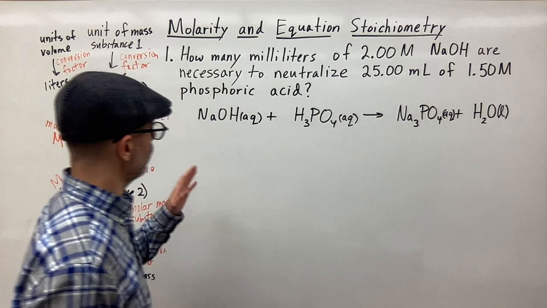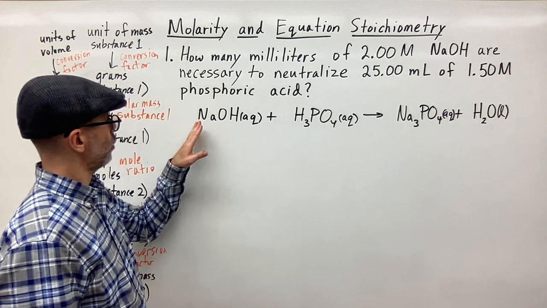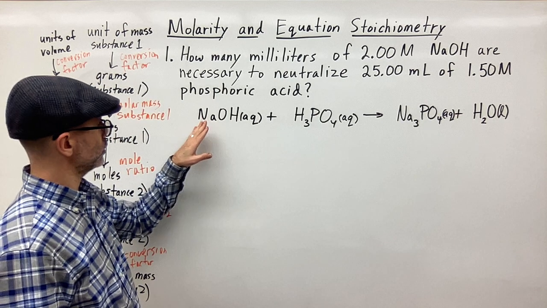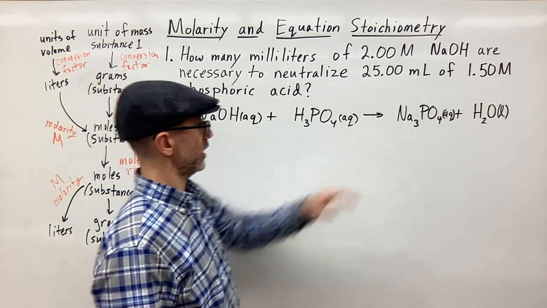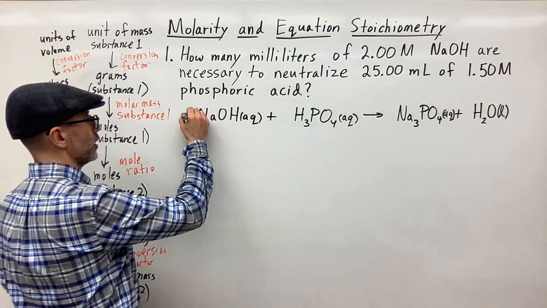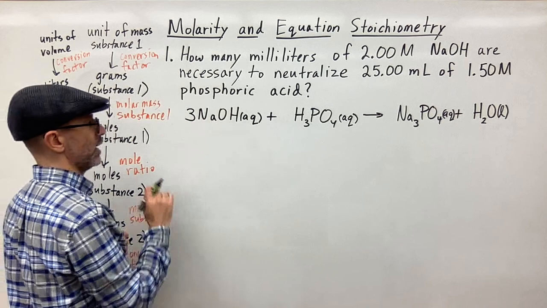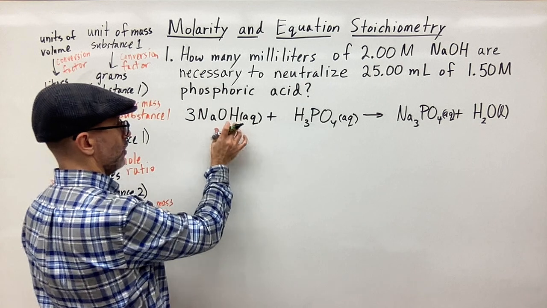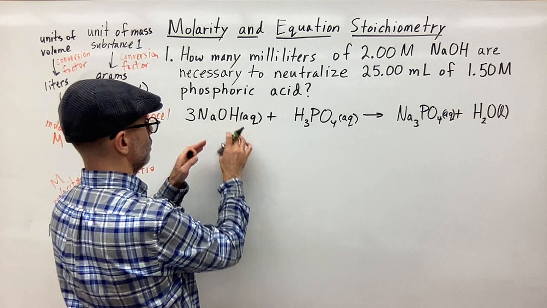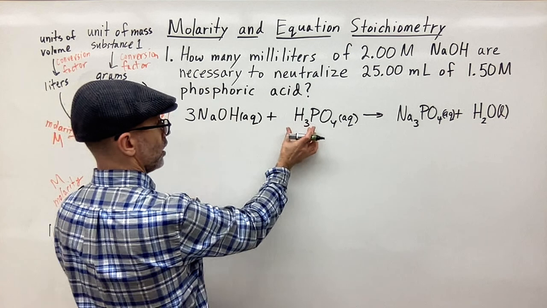Okay, so there's our equation. Now we have to balance it. So here I have metal first. I'm going to do metal. So sodium, I have 1 there. I have 3 there. So I have to put a 3 here for the sodium. So that's balanced. I have 1 hydroxide here. The hydroxide here reacts with the 3 hydrogens.